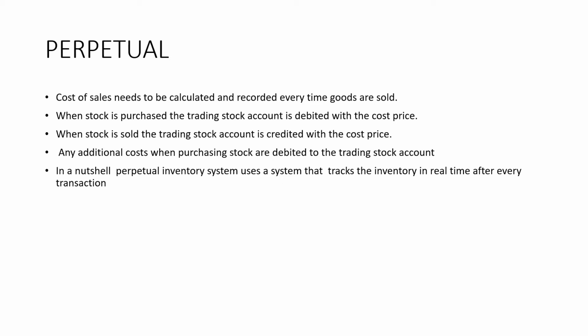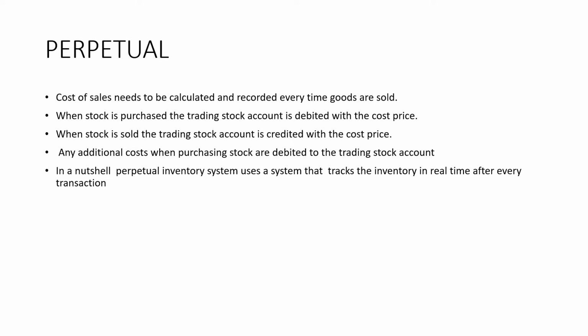So as a business that uses a perpetual inventory system, when we purchase stock, we have to debit the trading stock account with the cost of the stock. Every time we make a purchase, we debit our trading stock account. And every time we make a sale, we credit our trading stock account with the cost price.